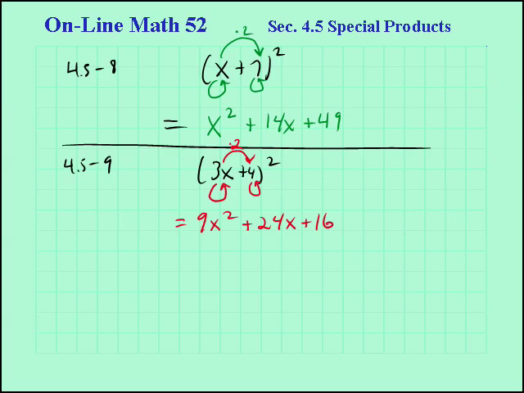Okay. Let me do example 7 on page 10. This is example 7a, which says 5x plus 3 quantity squared.